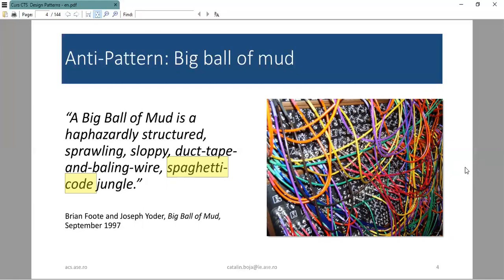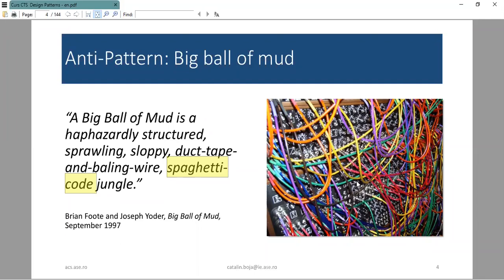So spaghetti code generally means this picture. Now, this is an example of an old phone central. Back in the day, maybe 80 years ago, we didn't have digital phone centrals. They were all manual, and you had an operator that was actually creating physical links between the caller and the person being called.